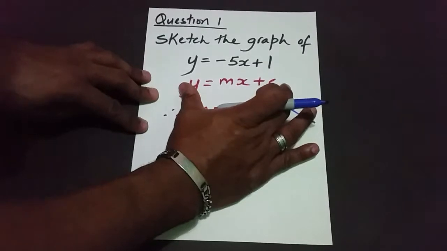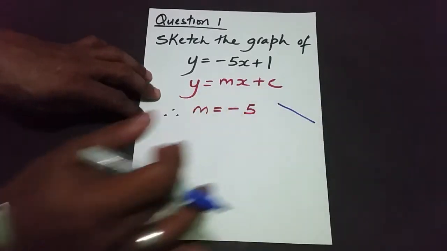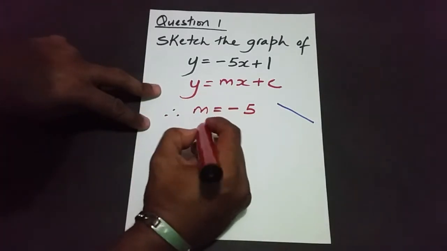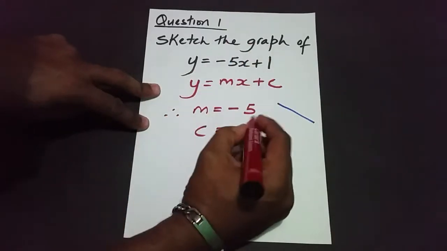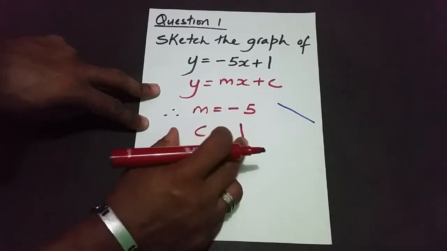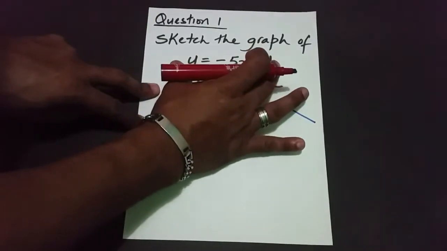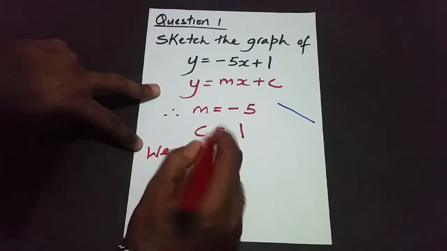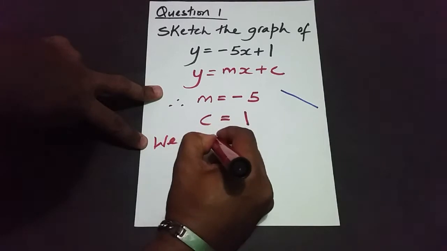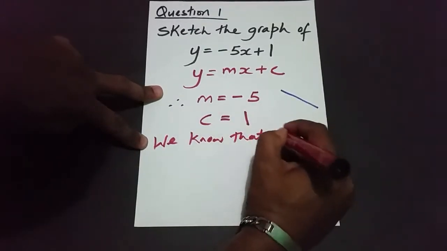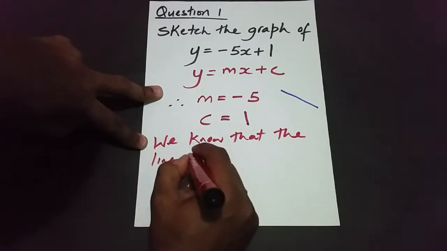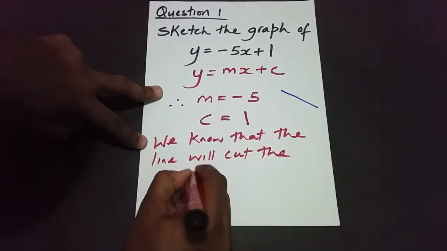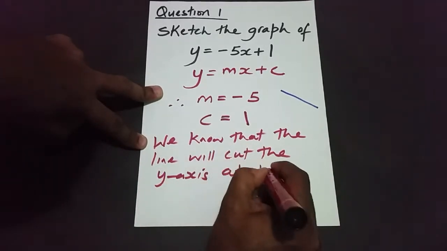And that's one of the reasons why we got this rule, because we get clues as to the outcome of the graph. Now, the next thing that we know once the equation is in the general form is even more important, which is the value of c. Clearly the value of c here is +1, which tells us where the line of this equation is going to cut the y-axis. So we know that the line will cut the y-axis at +1.